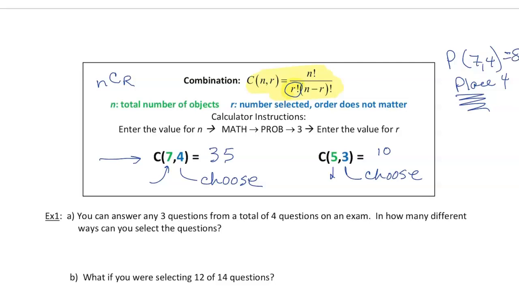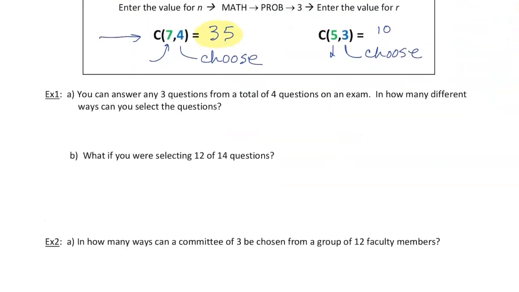So compare those two numbers, 840 and 35. When order matters, you have more possible placements than when order does not matter. All right, so let's see if we can do these examples. And we're just about done, so just hang with me.